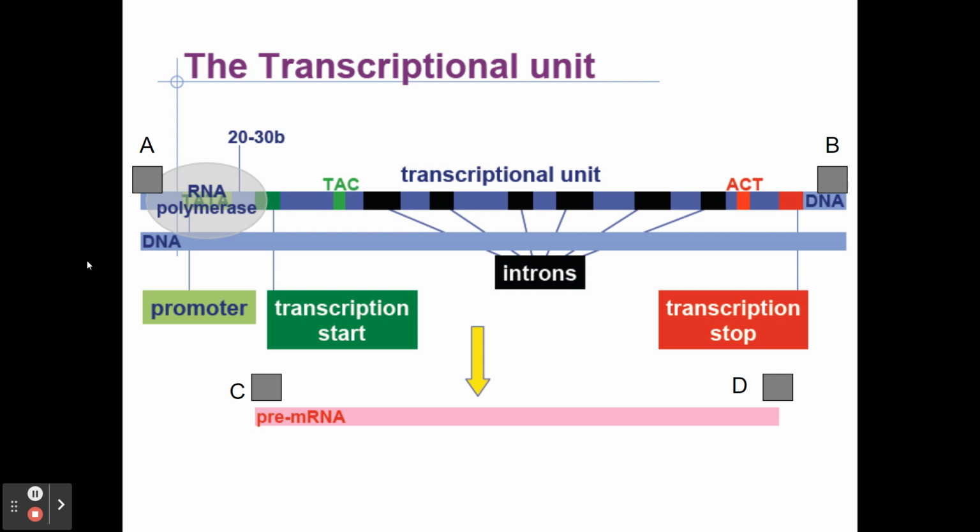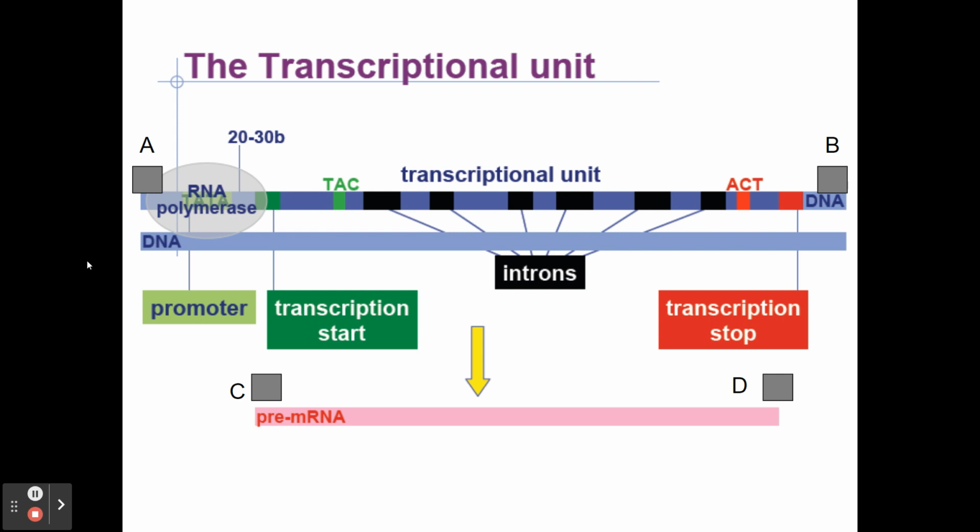Transcription and translation occur all of the time in every cell, except maybe right at that point when we're in the M phase of the cell cycle and all the cell processes shut down. But replication is only for cell division. Transcription and translation is for cell function.